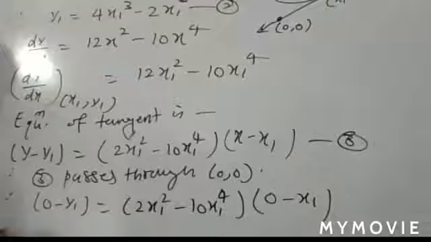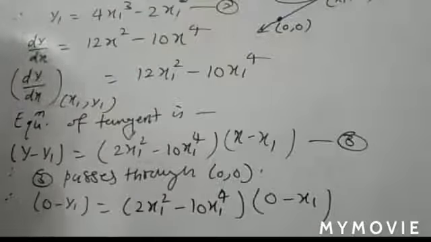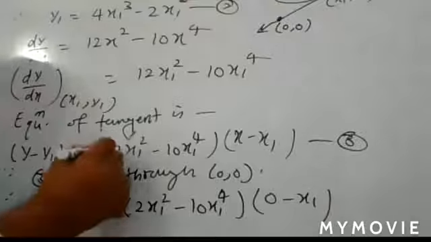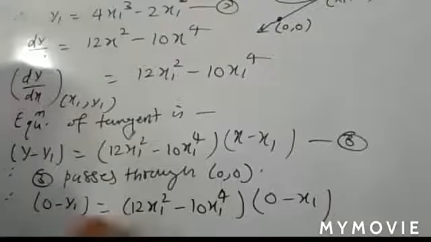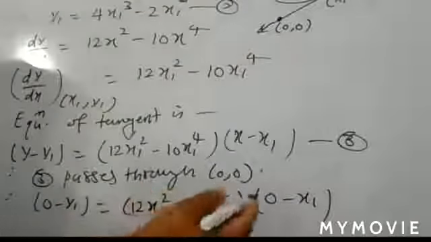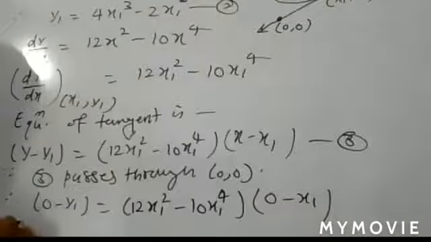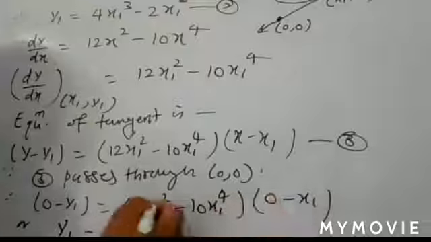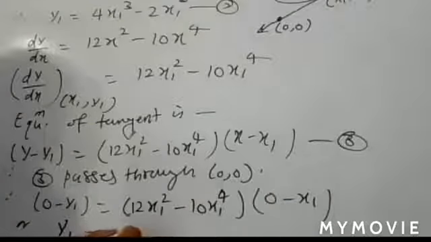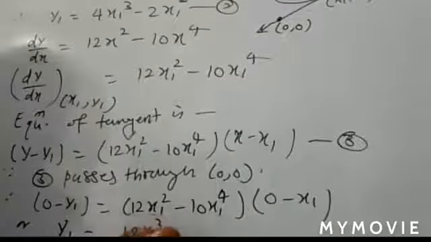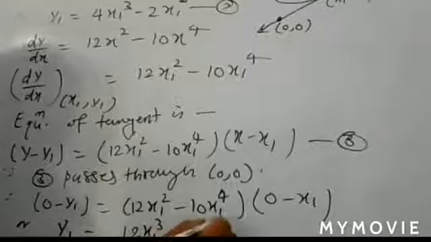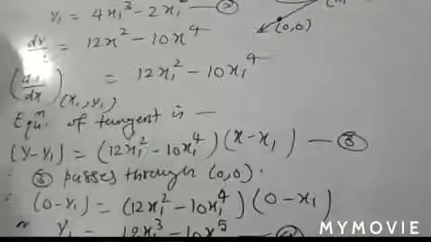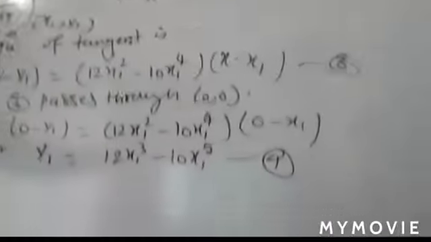The minus sign is cancelled out from both sides. So you have y1 is equal to, multiplying here with x1, 12x1 cube minus 10x1 to the power 5. That is your fourth equation.